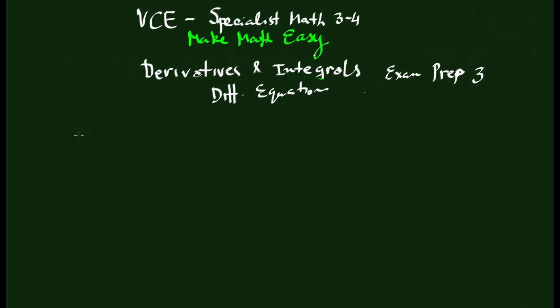So say we have a differential equation like dq by dt equals 0.01 times q.